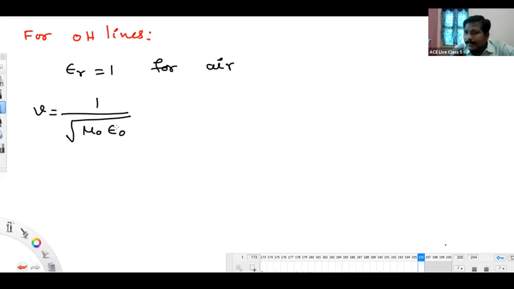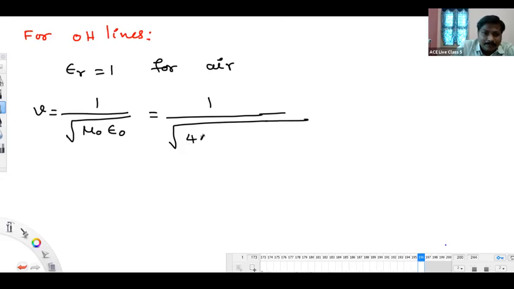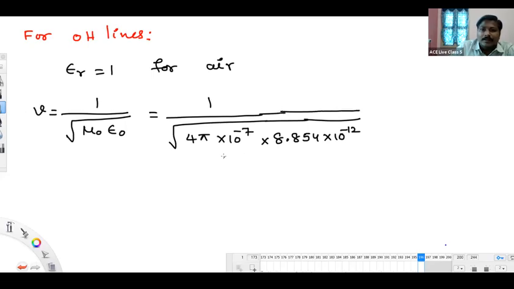Substitute the mu naught and epsilon naught values: mu naught is 4 pi into 10 power minus 7, epsilon naught is 8.854 into 10 power minus 12. It's in Henry per meter and farad per meter, so it will be in meters per second. Can anybody tell me this number, how much?